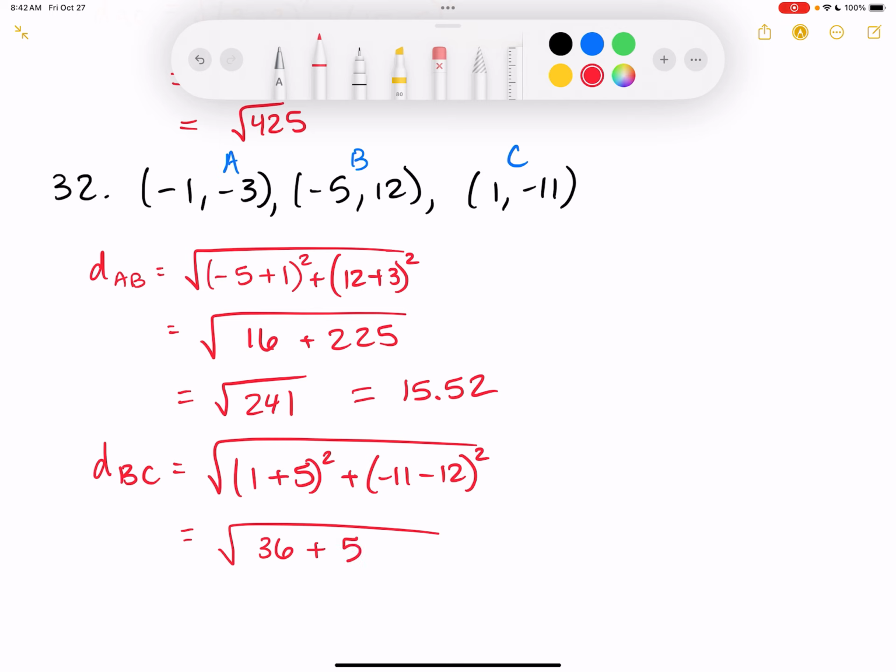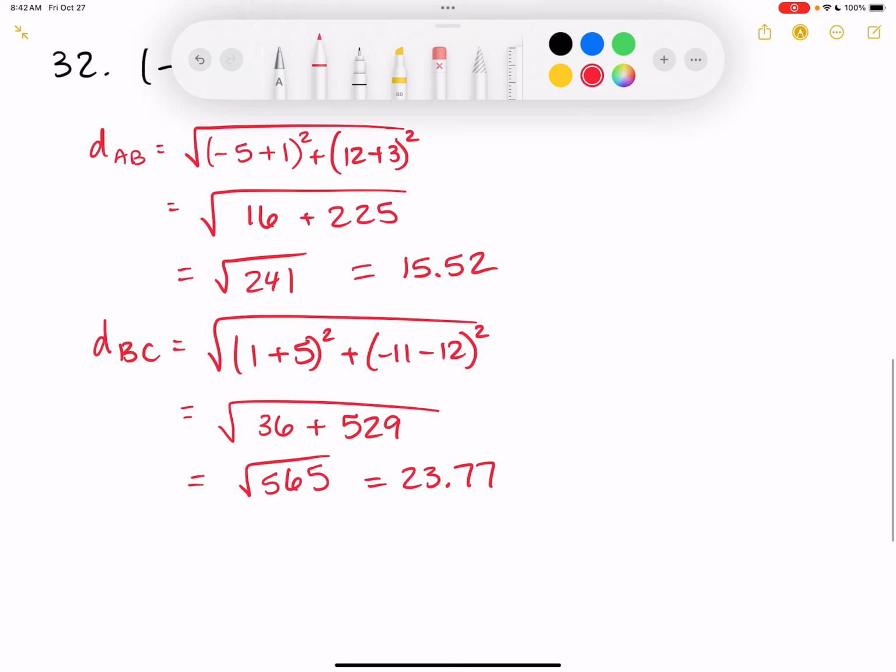Thanks. So 529, so then this ends up being the square root of 565. And then can you do that square root? 23.77.